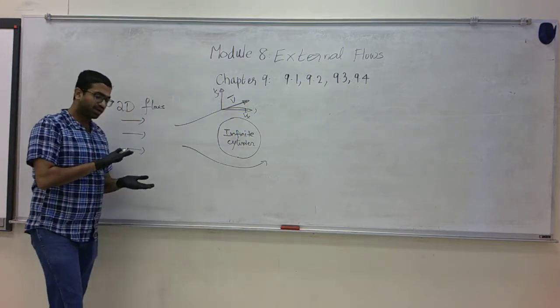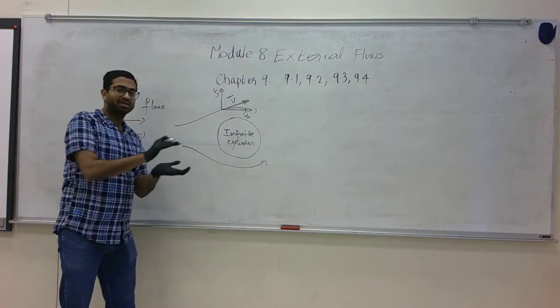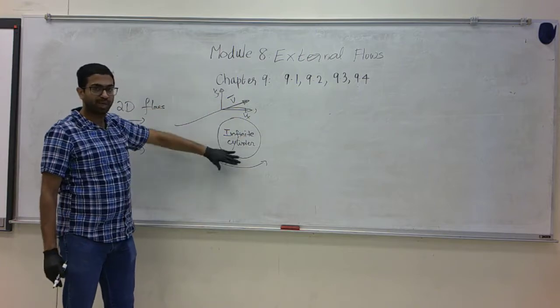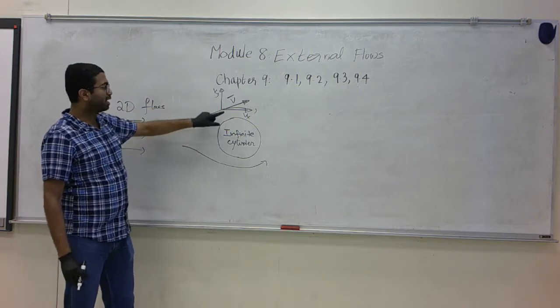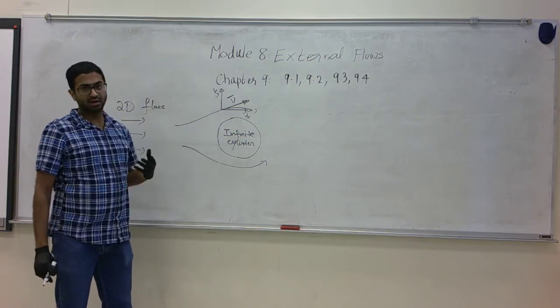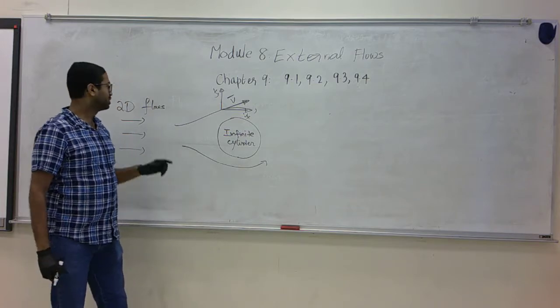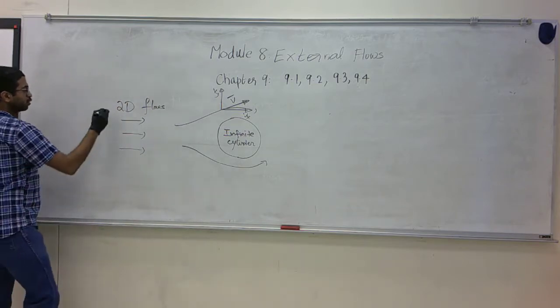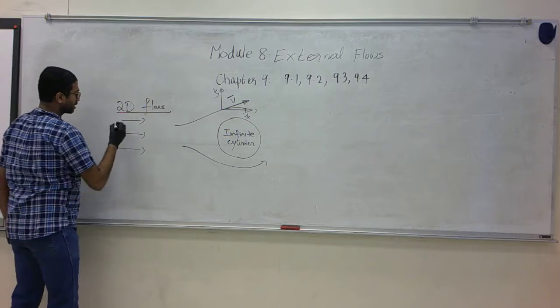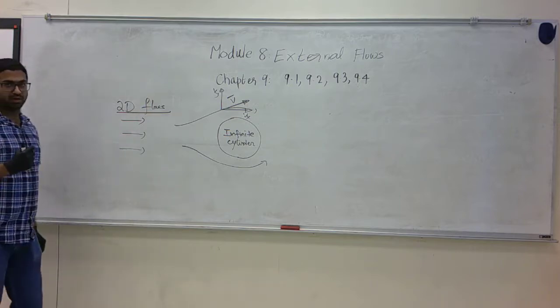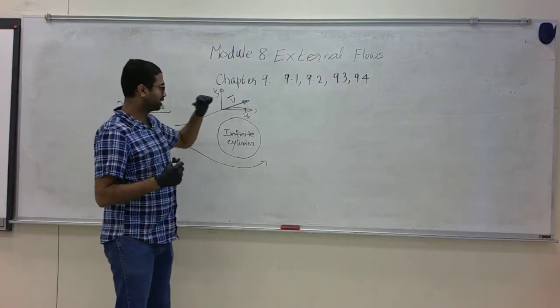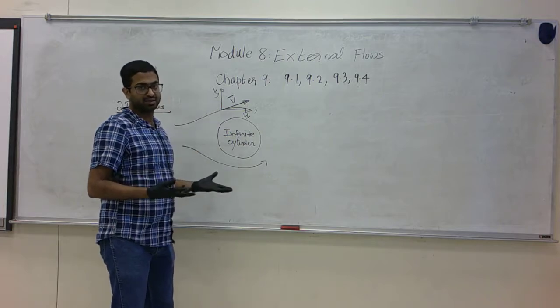That is, the flow here travels as though it is traveling on a sheet of paper or on a plane, and it has only two coordinates that are non-trivial or non-zero, and we call such flows two-dimensional flows. That is, they are described by two spatial coordinates, and the third component, the z component, is non-existent.